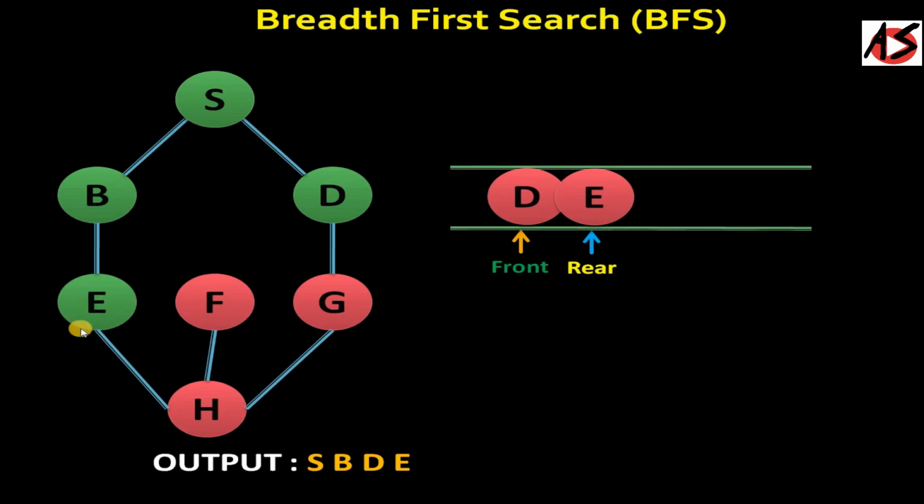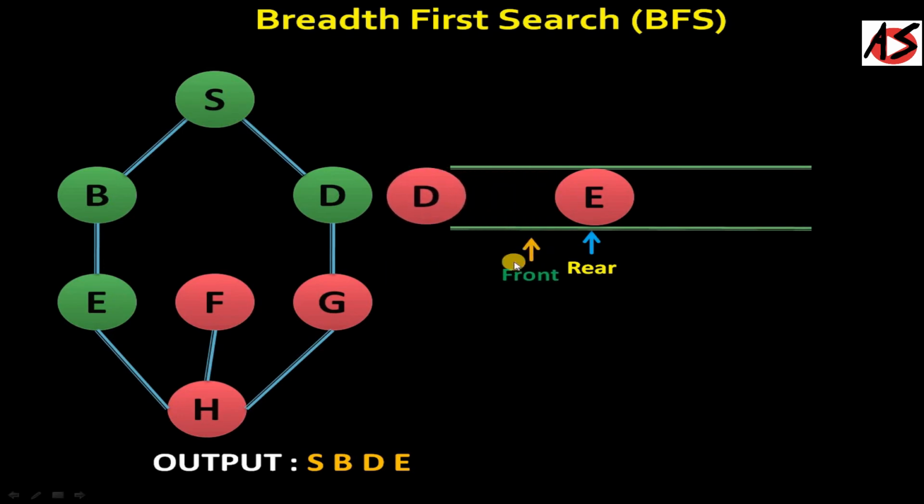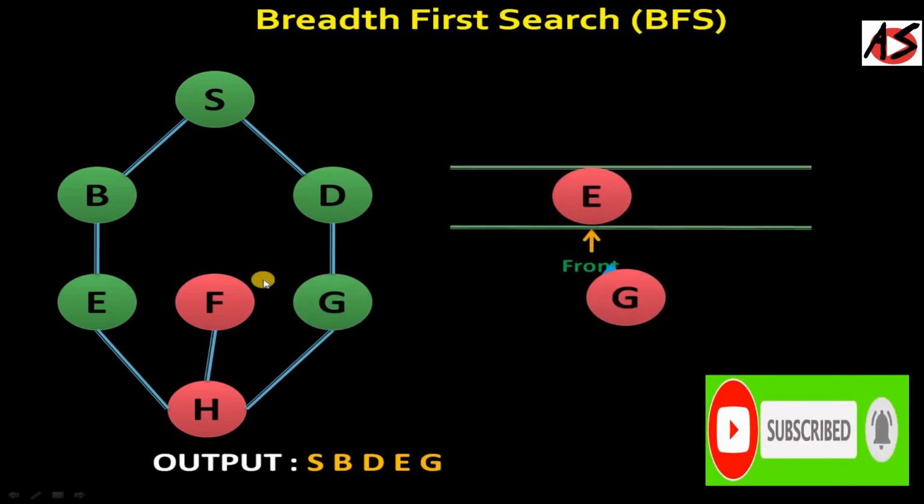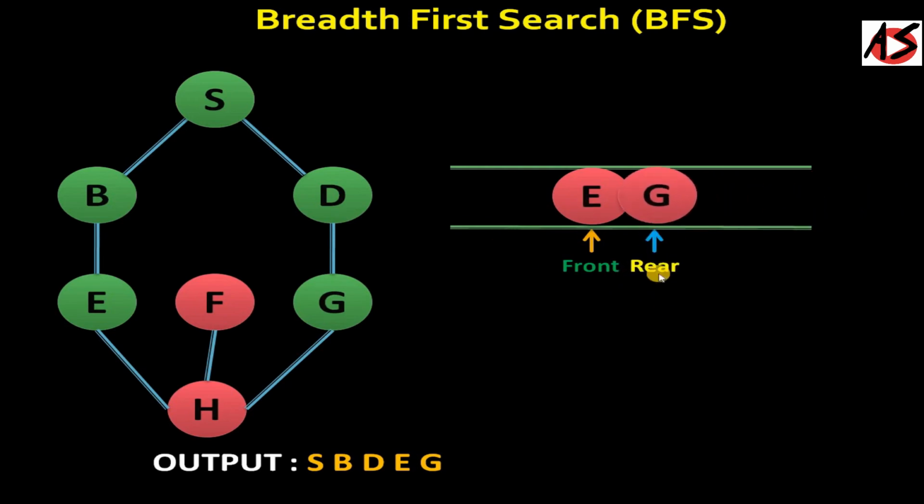You can see this in the output. Now from the queue you take the first node and delete it. This time it is D. The adjacent nodes of D are S and G. S is already visited, so insert G into the queue from the rear side and increment rear by 1.